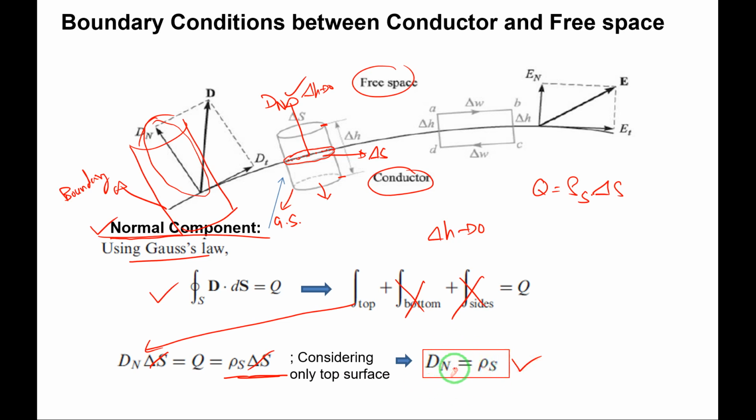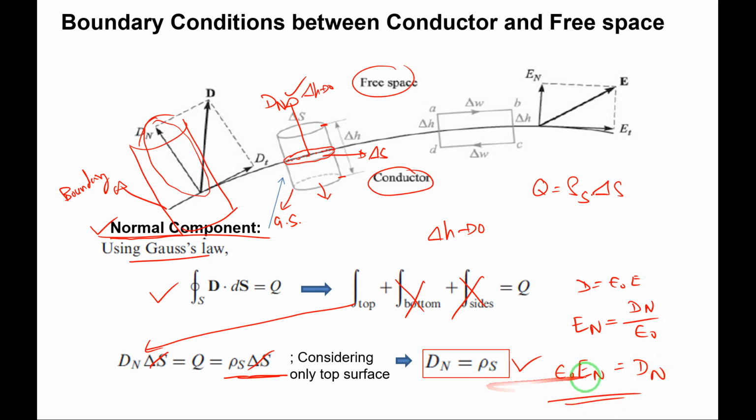What about En? We know that D equals epsilon naught E. I want the normal component of electric field intensity, so En equals Dn divided by epsilon naught, or I can write epsilon naught En equals Dn.